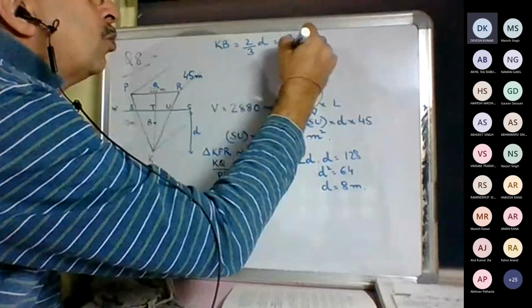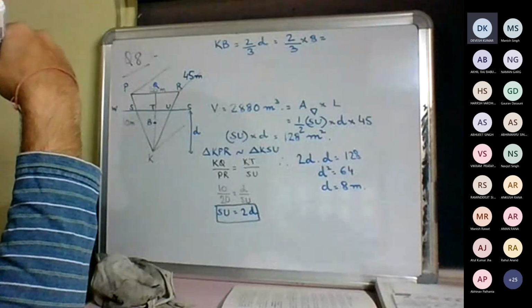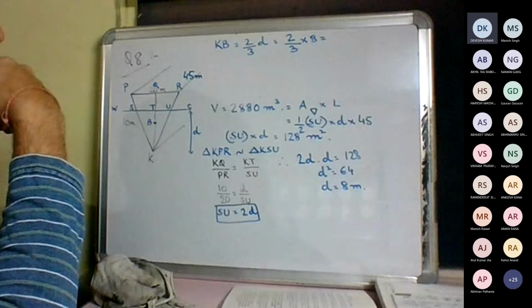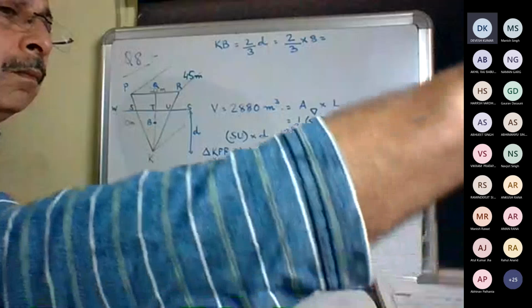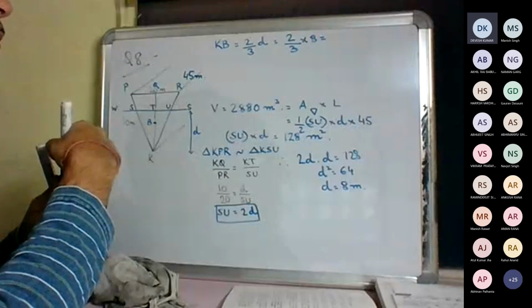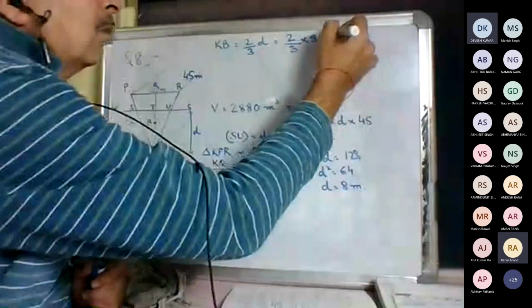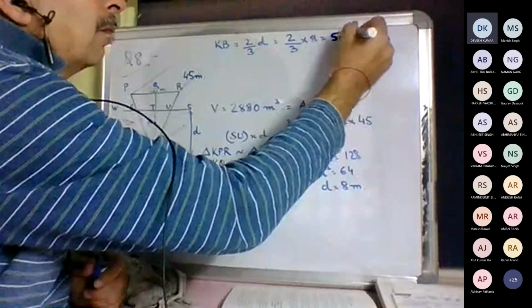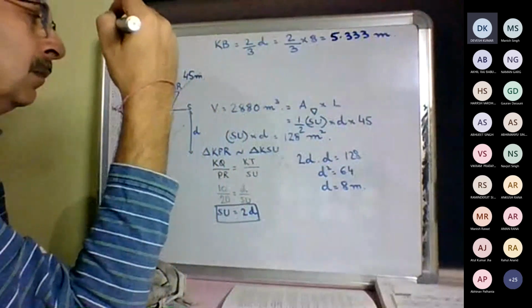So KB is 2 by 3 into 8. How much is that? 5.333 meters.